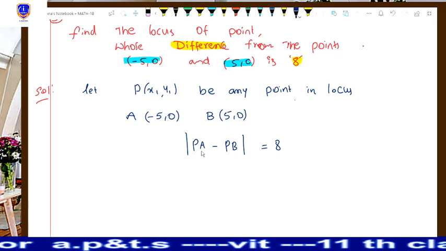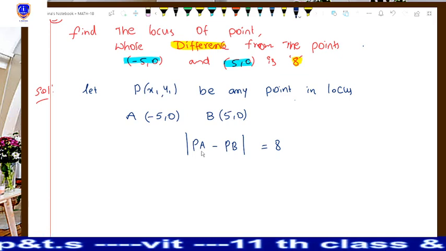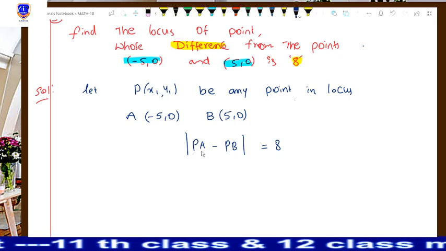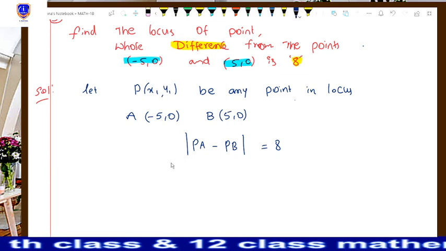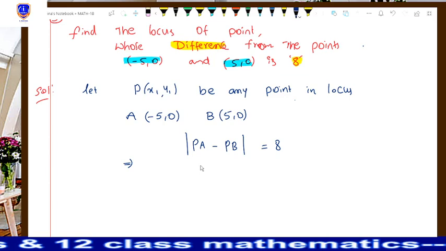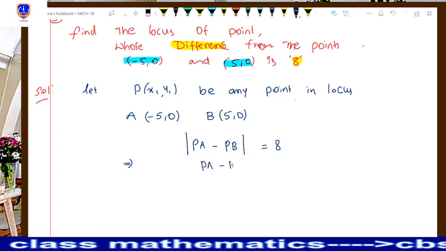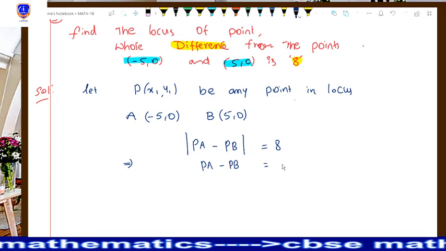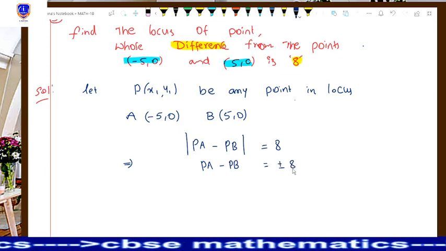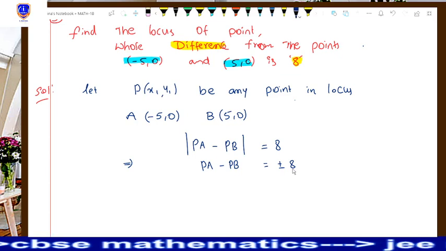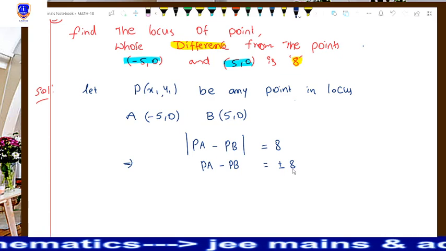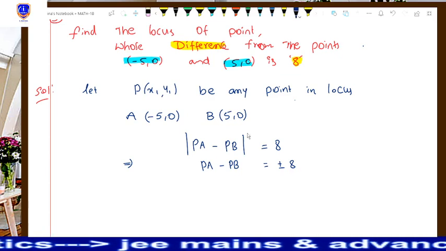Because it's a difference, we have to take the modulus sign, and this is equal to 8. Now we know that removing the modulus sign will give you plus or minus value. So write down PA minus PB equal to plus or minus 8.